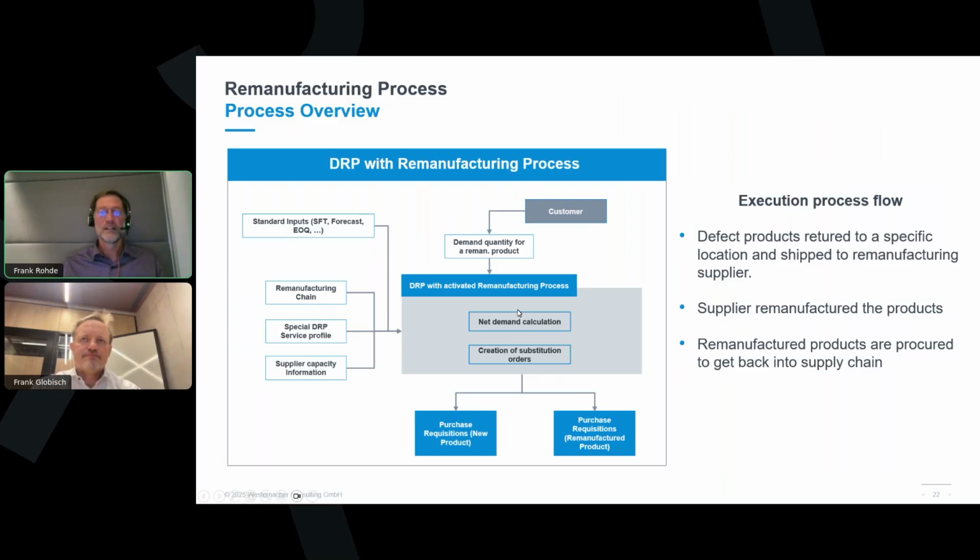So DRP runs as normal and, if we set up the service profile in a proper way, is doing the net demand calculation, and whenever something cannot be procured or remanufactured, it's creating substitution orders for the new part that are leading to a purchase requisition or schedule line entry or whatever. And of course, you have to have this execution process flow in place as well.